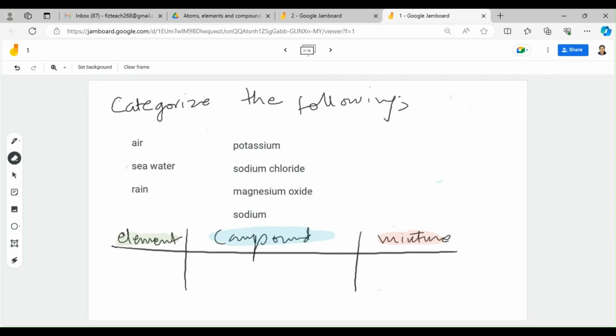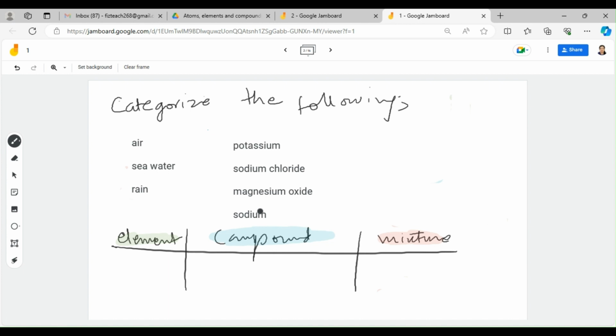Okay, there's another example of this question. You can be asked to categorize element, compound, and mixture. What I advise is that you should pause the video right now and categorize them. Now look over here. Categorize the following: air, seawater, rain, potassium, sodium chloride, magnesium oxide, sodium.